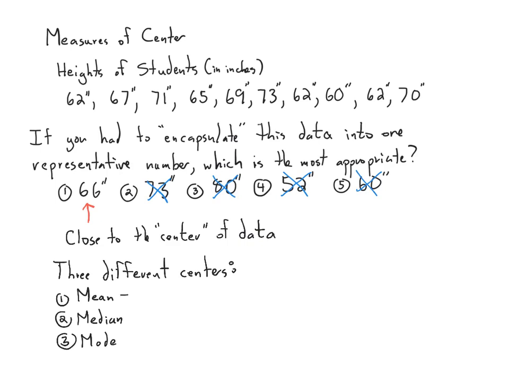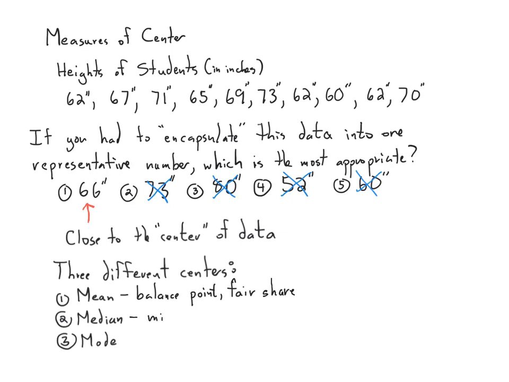So the mean we're thinking of as either the balance point of your data, or if you wanted to share all of your units over 10 data points, in this case equally, it's how many would be in each data point. So it's a fair share, and I'll explain that with an example in a little bit. The median is easy to think about.